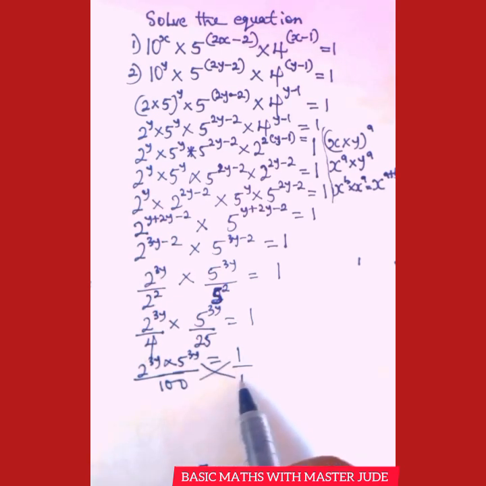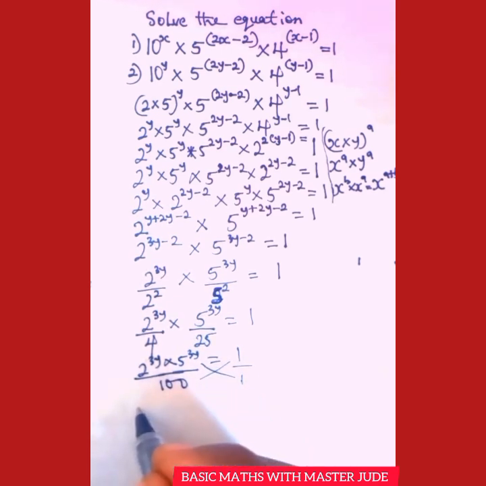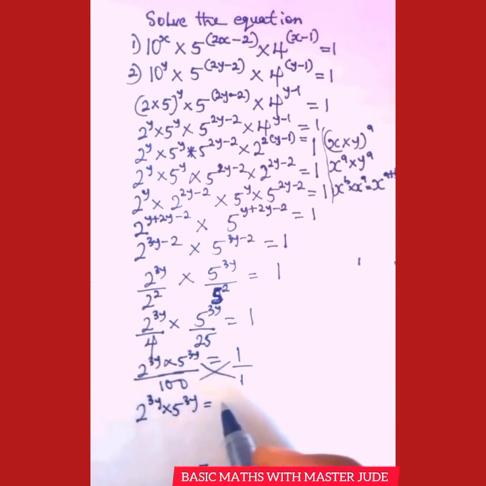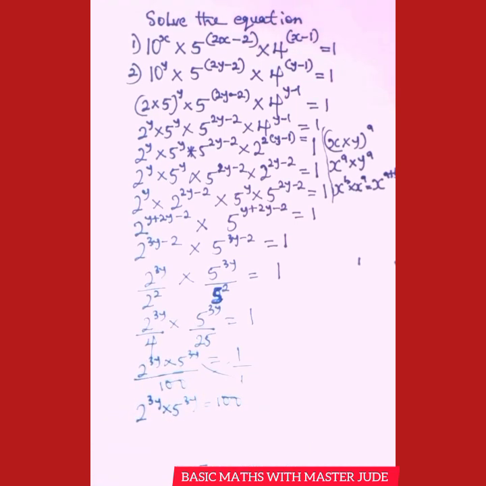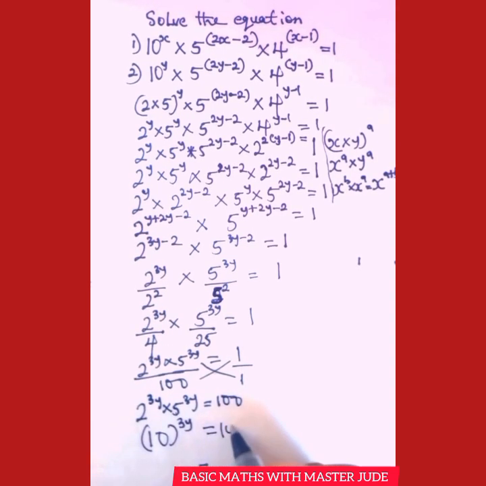So I have 2^(3y) multiply 5^(3y) is equal to 100 multiply 1, which will give me 100. And I know that 2 multiply 5 is 10, because they have the same power, I'll just raise it to 3y. So 10^(3y) is equal to 100.